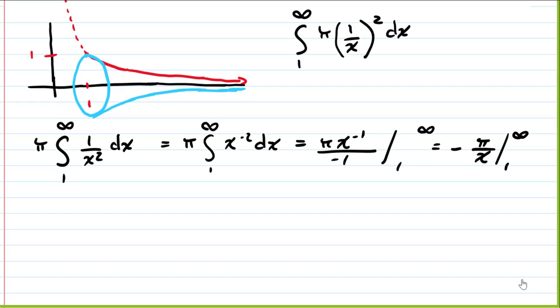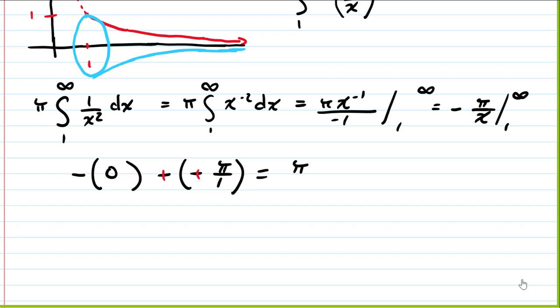Dividing by a negative just made the whole thing negative. So now, a constant divided by infinity is going to be equal to what? 0. Minus a minus makes it plus. And we put in 1, we're going to get pi over 1. So the minus minus becomes a plus. So 0 plus pi over 1 is going to be pi.